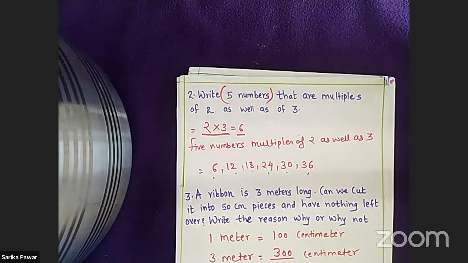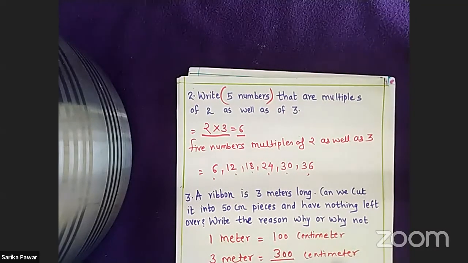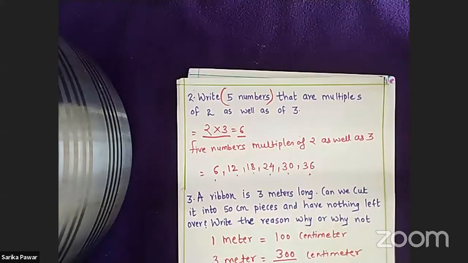First we convert meters into centimeters. 1 meter is equal to 100 centimeters and 3 meters is equal to 300 centimeters. Now the 3 meter long ribbon can be cut into 50 centimeter pieces. I wrote m for meter and cm for centimeter, the short forms of meters and centimeters.